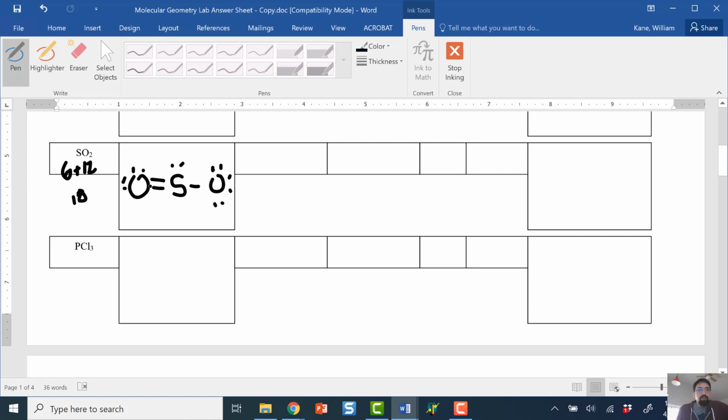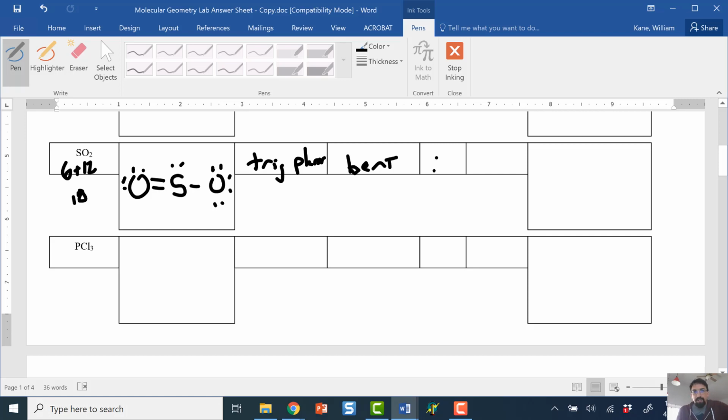So as we can see here, we've got an electron domain here, an electron domain here, and an electron domain here. So I've got 3 electron domains. 3 electron domains is going to give me a trig planar sort of orientation with bent as being my geometry.